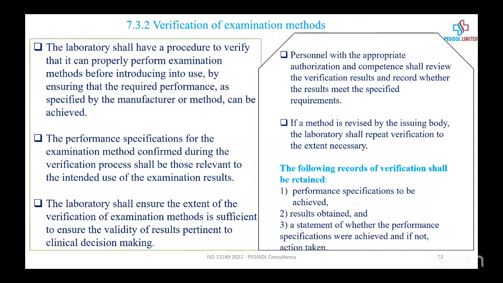So when you are doing your verification in the laboratory, it must be extensive to cover what? All the clinical decision areas. Let's say, for example, you are doing a validation for glucose. We try to validate that method on an equipment.